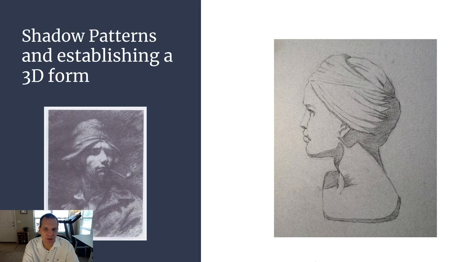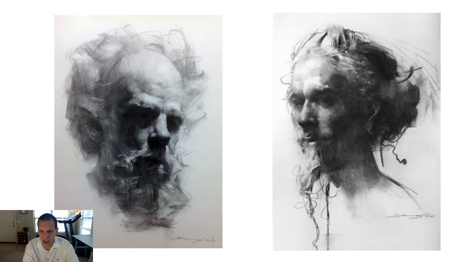Here's another example of shadow patterns, and you can really see the shadow patterns in this drawing on the right. You see the shadow underneath certain areas, and it's showing us a basic pattern. We can utilize that pattern to help create convincing art. Here are a couple more examples of how shadow patterns help us describe a form and create a three-dimensional subject.